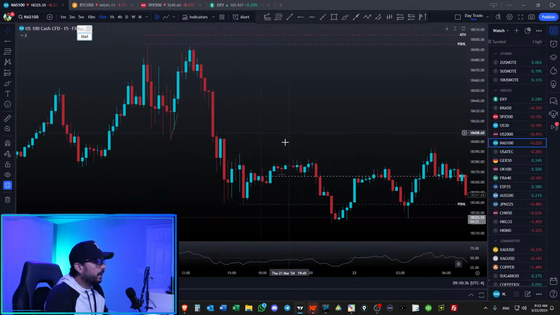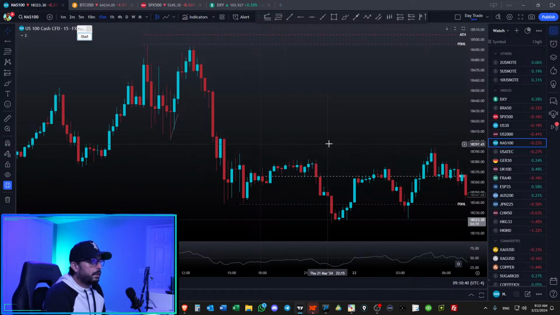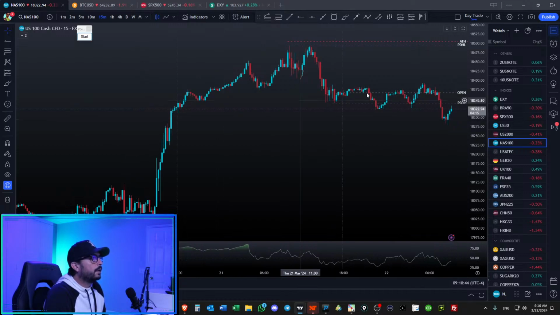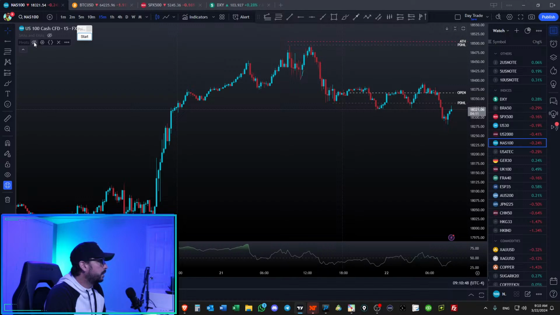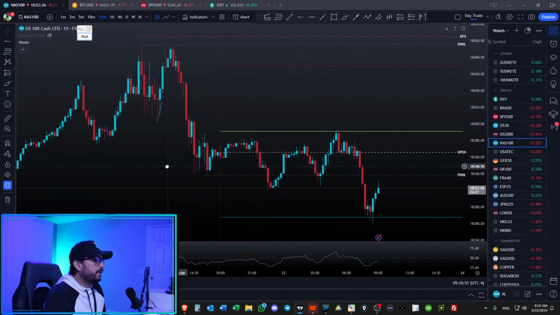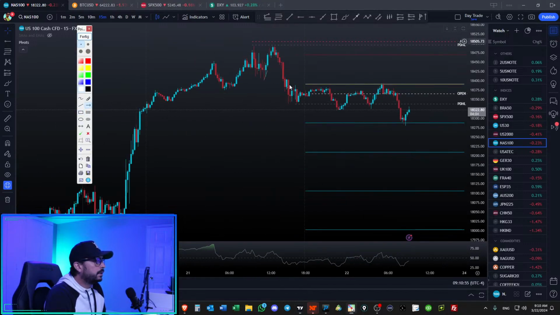So now we got all the levels set up. We got the start in there. Now let's turn on the pivot points. As you can see with the pivot points, that's the main pivot point.